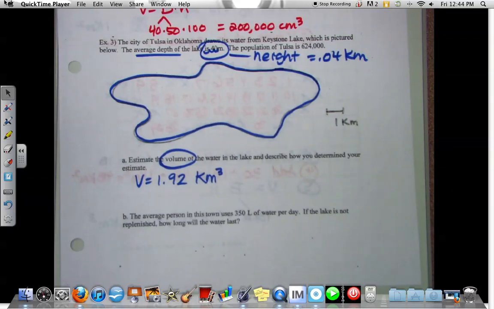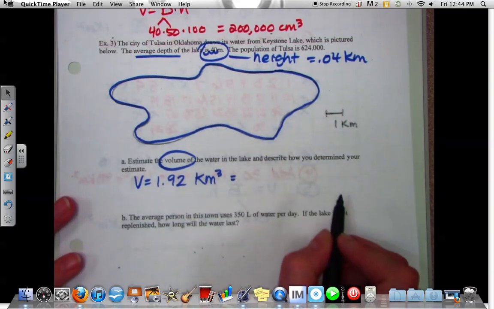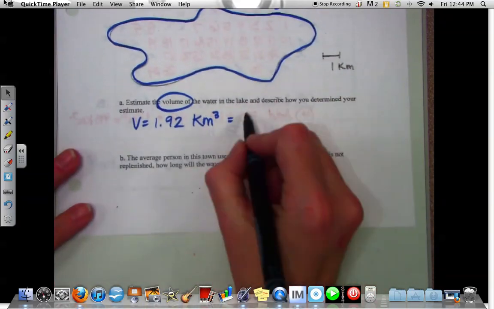So we can change the kilo to the deci. How many movements is that? 4. But because our units are cubed, we need to move our decimal 12 places.